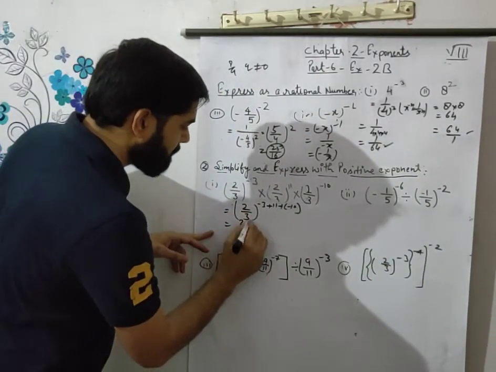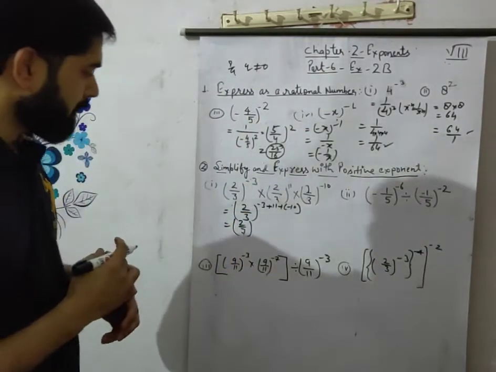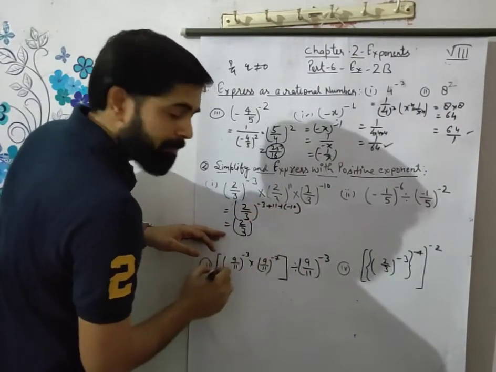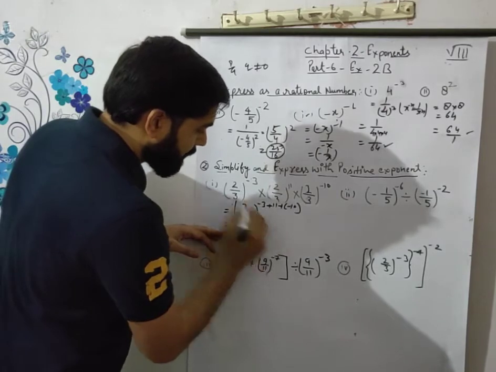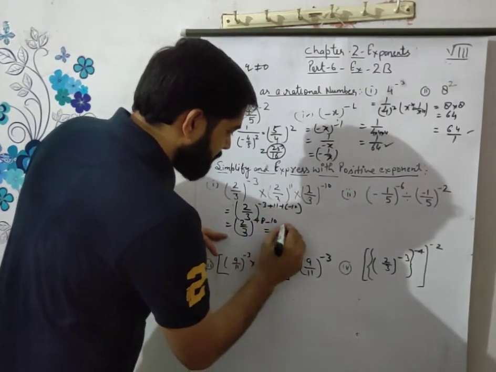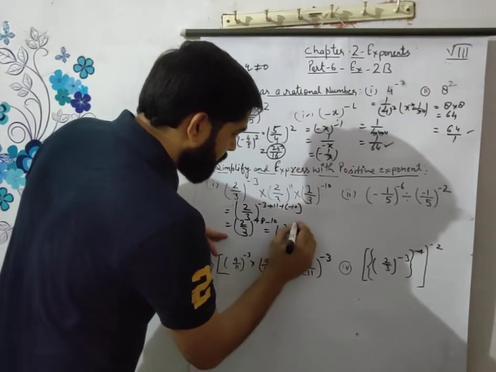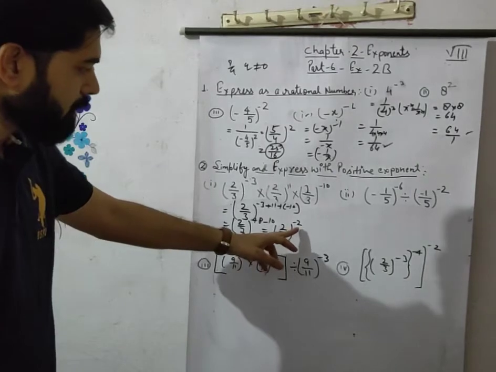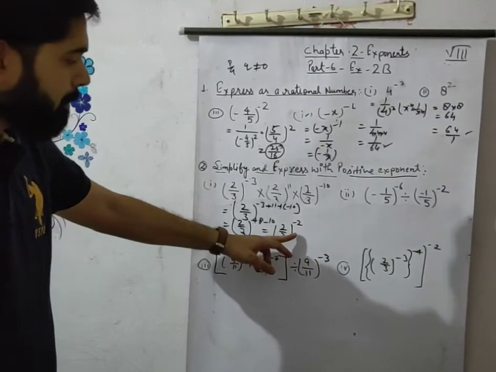That is 2 upon 3 raised to minus 3 plus 11 minus 10, which is 2 upon 3 raised to the power minus 2. Again, look here in this question, the last step.